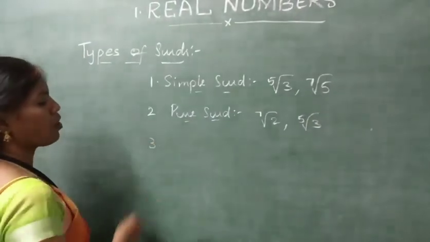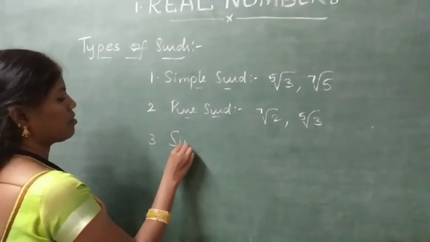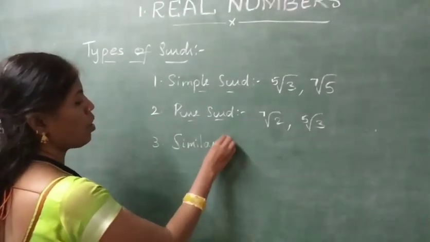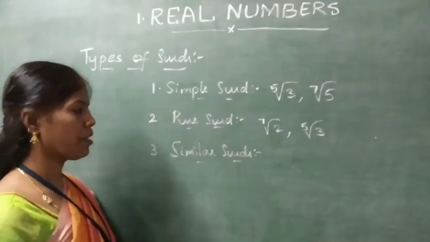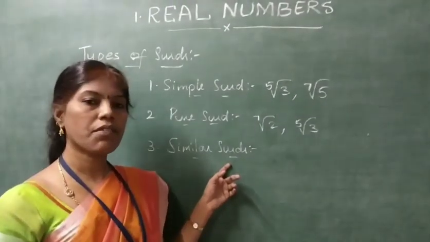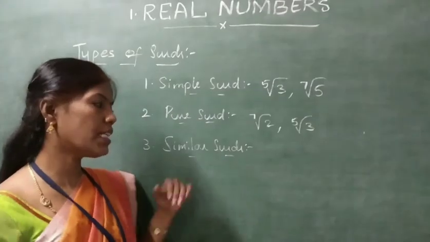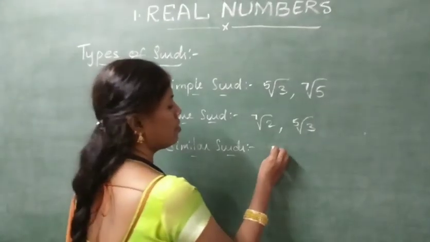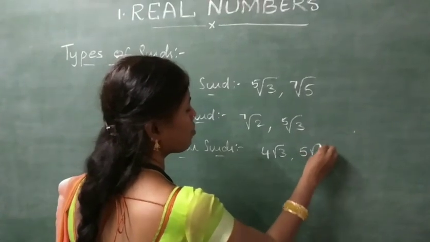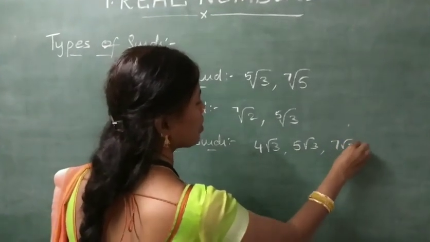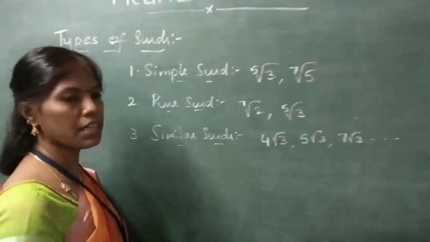And next we go for similar surds. What are similar surds? Surds having different multiples of the same surd are called similar surds. So 4 root 3, 5 root 3, 7 root 3 and so on are similar surds.